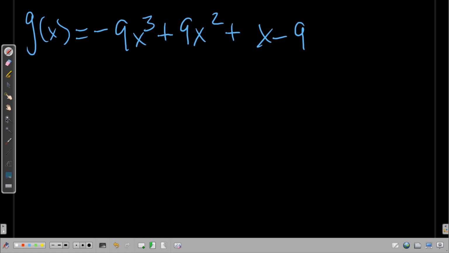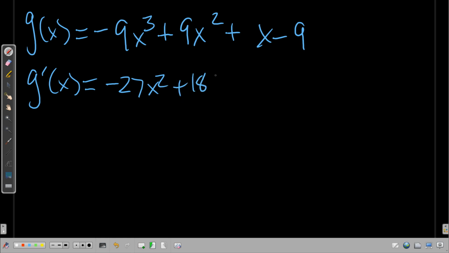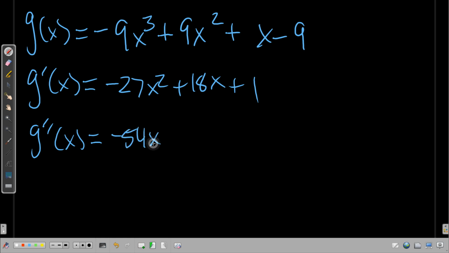Well, to determine the concavity, I should take the second derivative. So this is minus 27x squared plus 18x plus 1. And the second derivative would have a minus 54x plus 18.